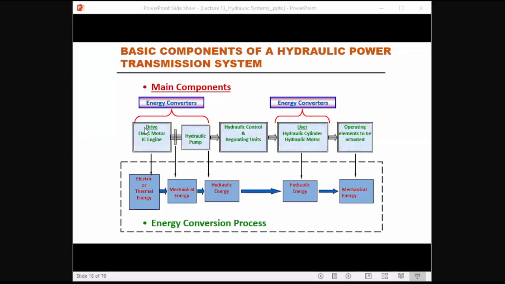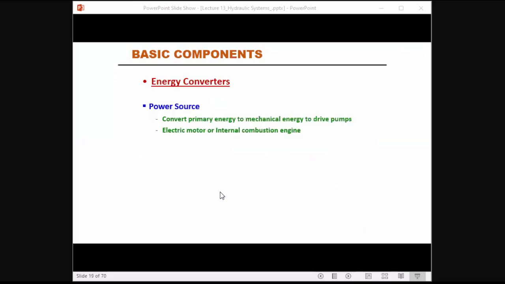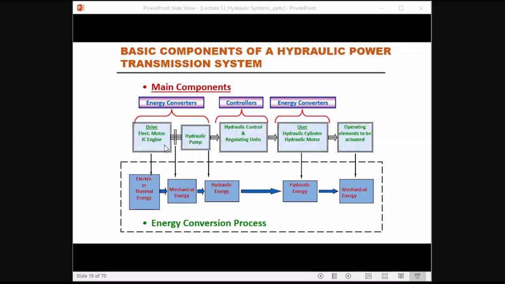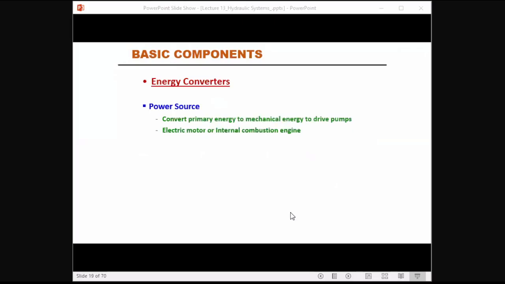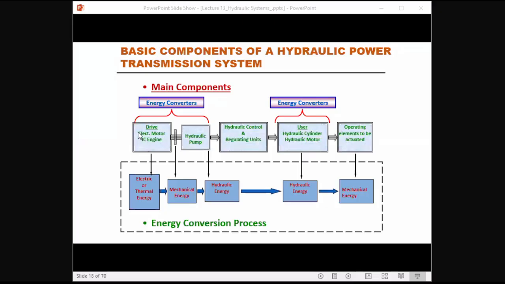This means the electrical motor or internal combustion engine is used to drive our hydraulic pump. We can use this motor to drive this pump, the hydraulic pump.